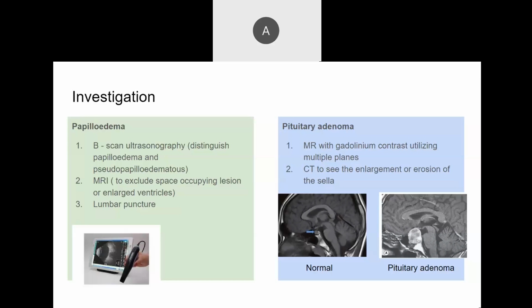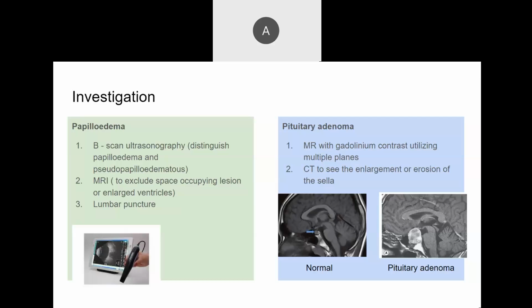I want everyone to know: the first investigation when you have papilloedema, the answer you should give is that I want to do imaging in the form of a CT scan or MRI brain. B-scan ultrasound is advanced. You don't need to answer that because it's too detailed. For papilloedema, we are worried about a space occupying lesion, so you answer imaging of the brain in the form of CT scan or MRI.